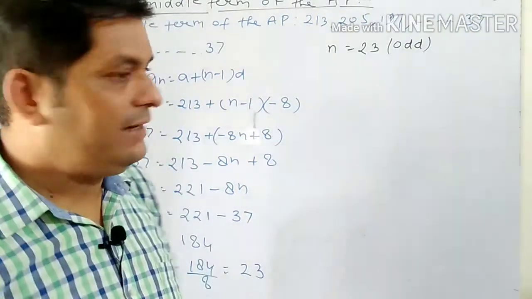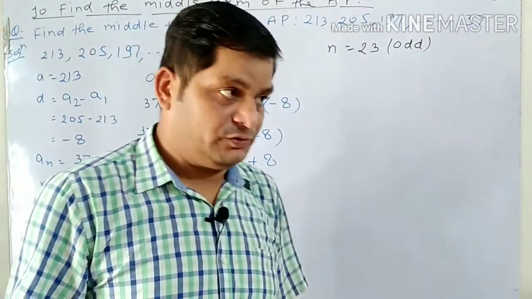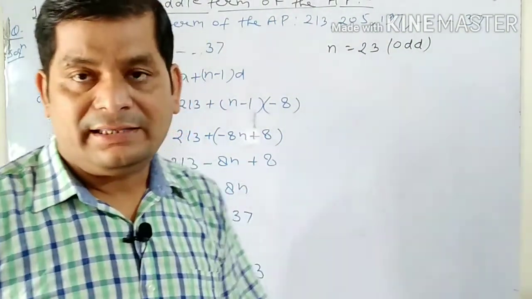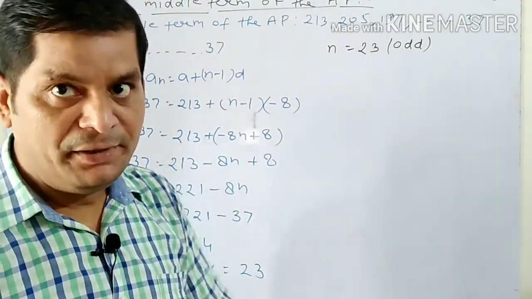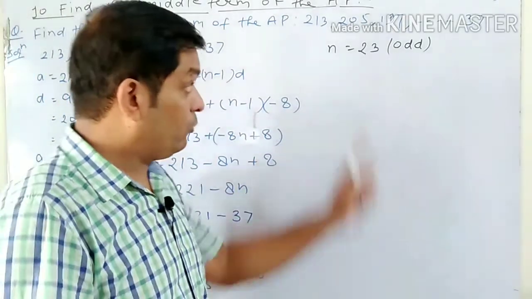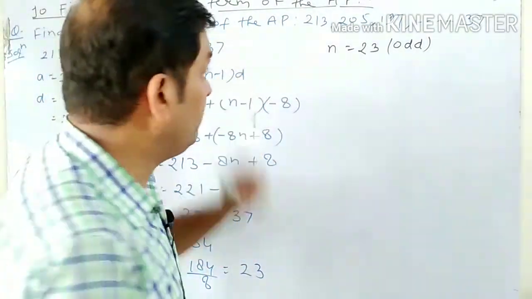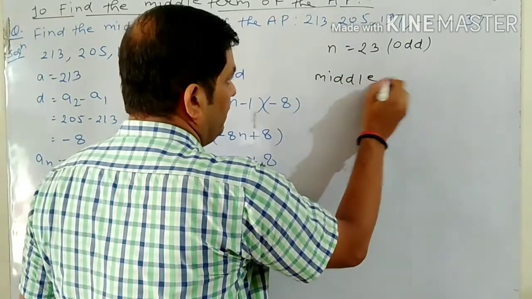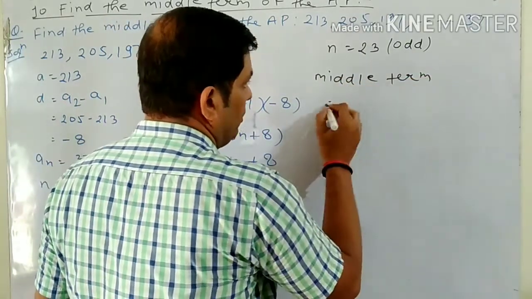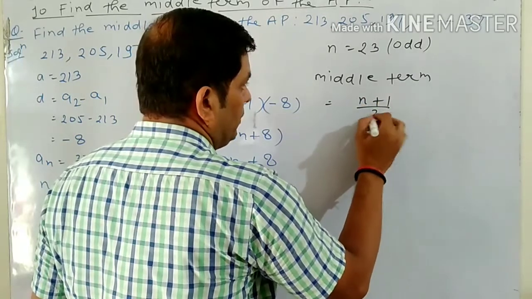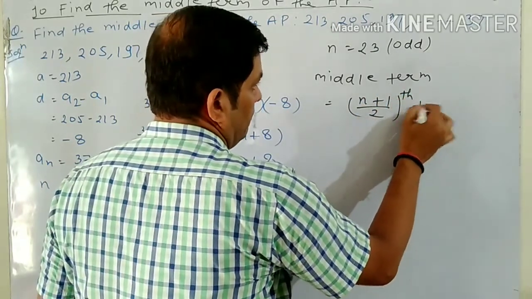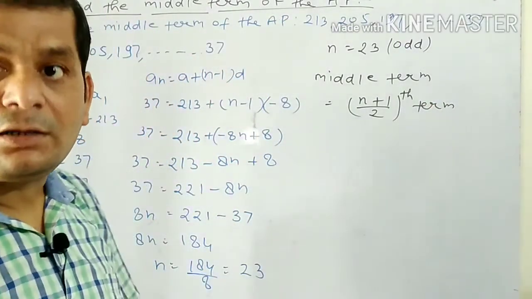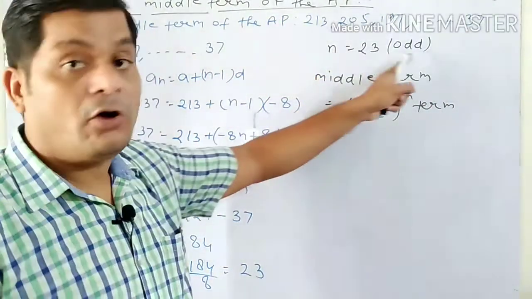In class 9 you already learned that whenever the number of terms is odd, we have only one median, in the statistics chapter. In the same way here we can find the middle term. For n equal to 23, the middle term is the n plus 1 by 2 th term. It is the formula for getting the middle term whenever n is odd.